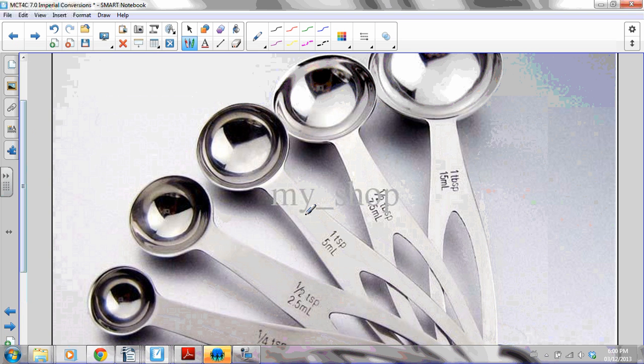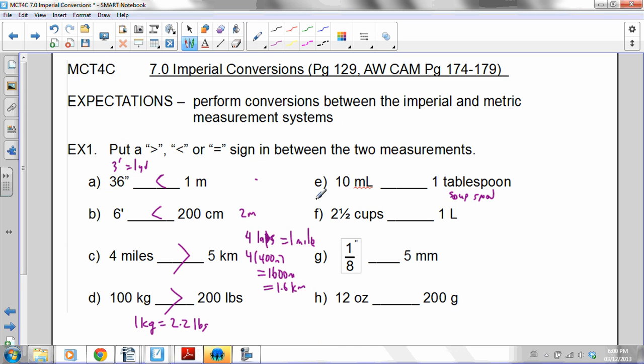There's a tablespoon, and it's 15 milliliters, right? A tablespoon is actually a lot more than 10 milliliters. 1 tablespoon is 15 milliliters, so 10 is less.